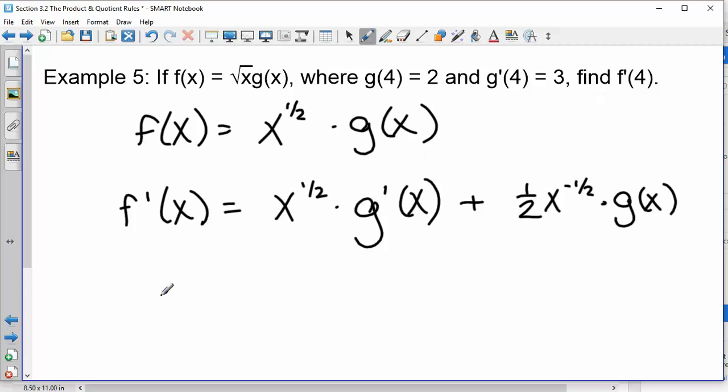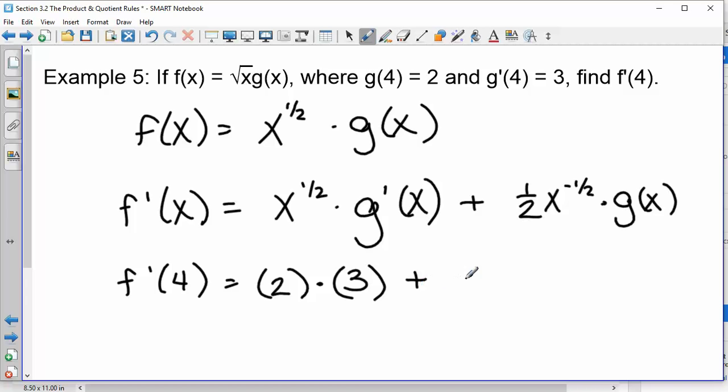I am asking for f prime of 4. So if I plug a 4 in here, what is 4 to the 1/2 power? What is g prime of 4? Plus 1/2. Okay. 4 to the negative 1/2 power.